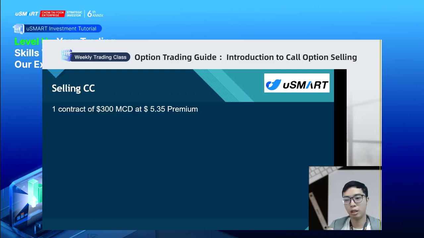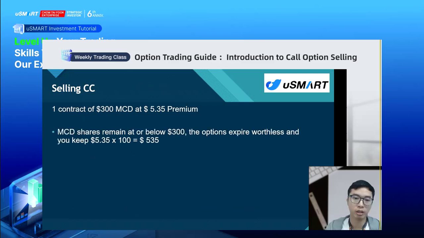Let us dive into examples again. What happens when we sell a covered call? Here is an example: you open one contract of a covered call at a $300 strike price on McDonald's at a 5.35 premium per share.